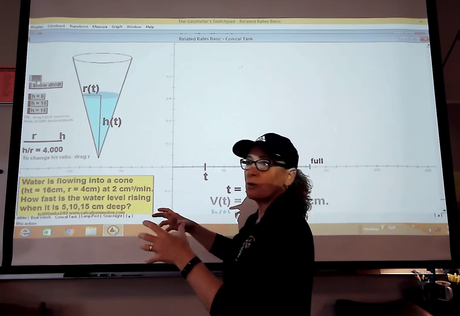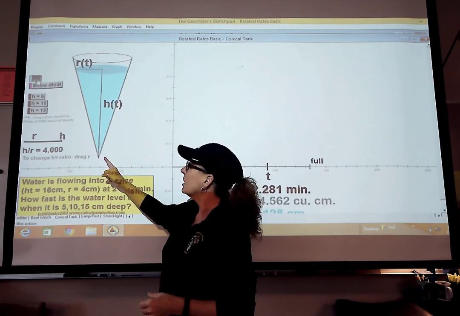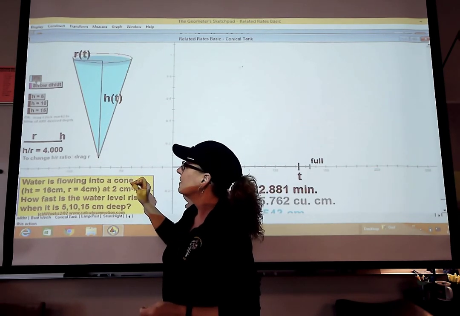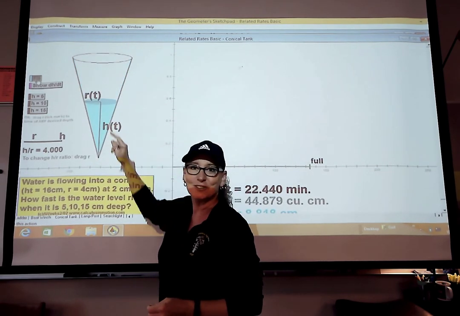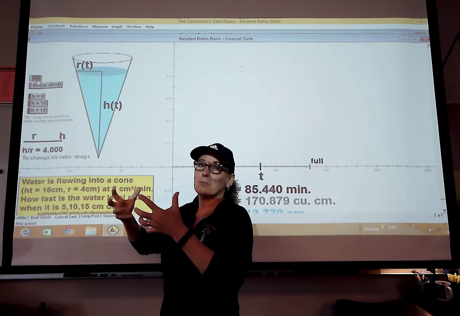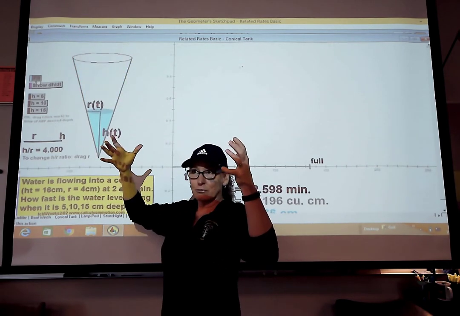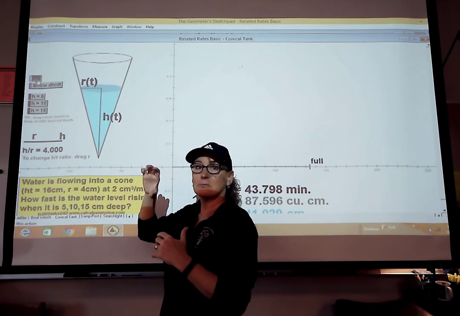So the volume is what's changing at a constant rate. Notice at the very beginning, look how fast the height of the water grows. It shoots up really fast. And then as the cone gets more and more full, the height seems to slow down a little bit.